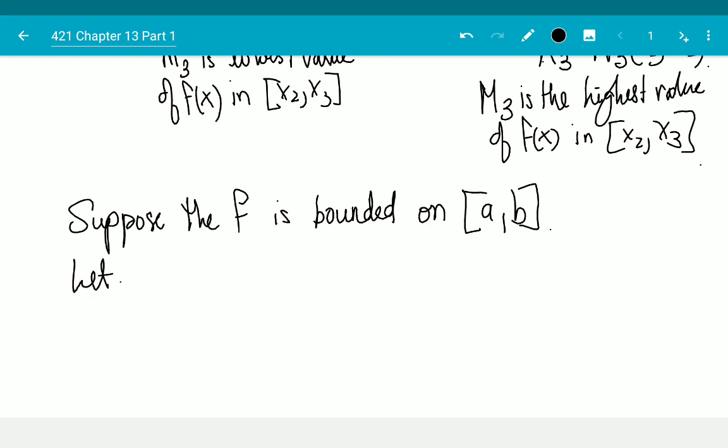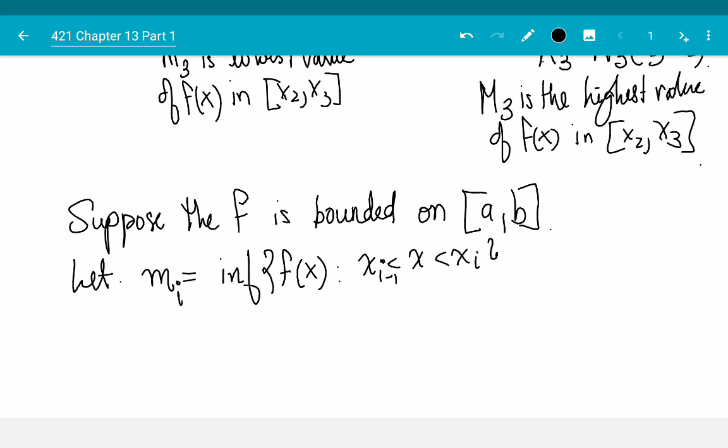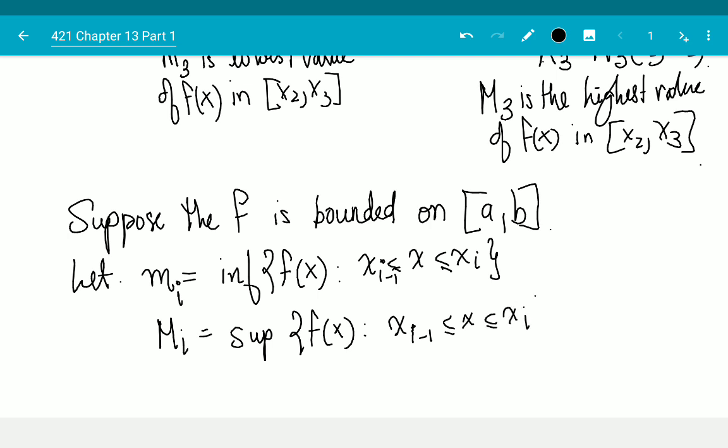Then let small mi be equal to the infimum of f of x such that xi minus 1 is smaller than or equal to x smaller than or equal to xi, and capital Mi be equal to the supremum of f of x such that xi minus 1 is smaller than or equal to x smaller than or equal to xi, right?